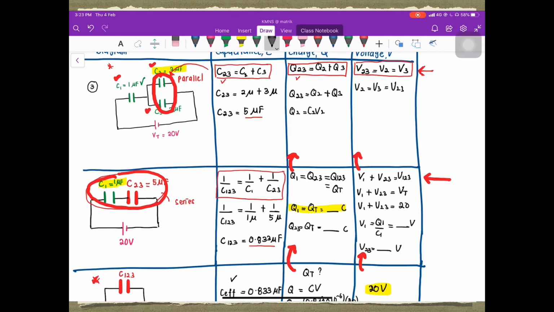V23 we can determine from here. So actually we can find V2 in volt and V3 in volt. So we can determine Q3 equal to C3V3, also in coulomb.